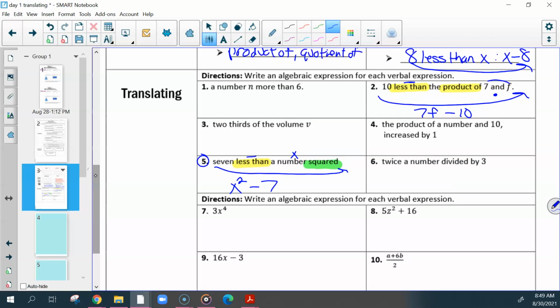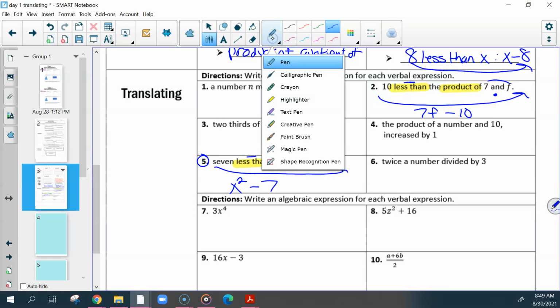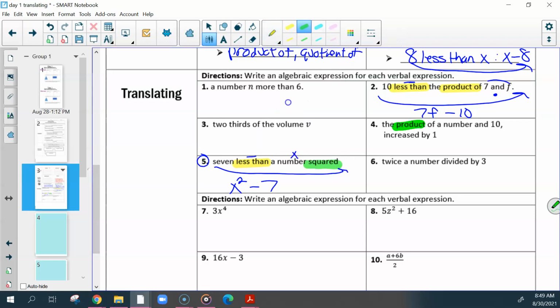So for 4, we have the product of a number and 10 increased by 1. What is it telling us to do there? Multiply, and what word tells us that? Yep. So a number and 10.